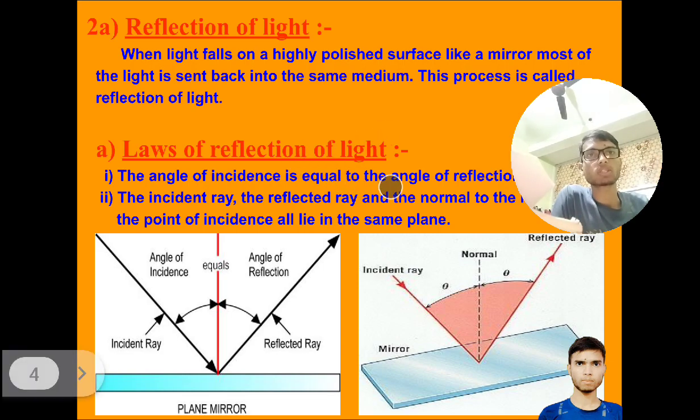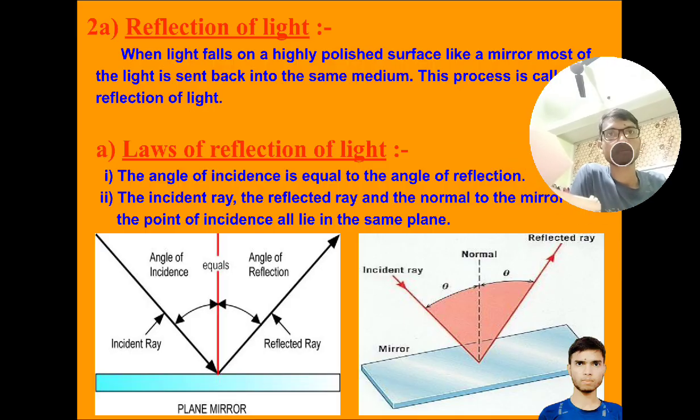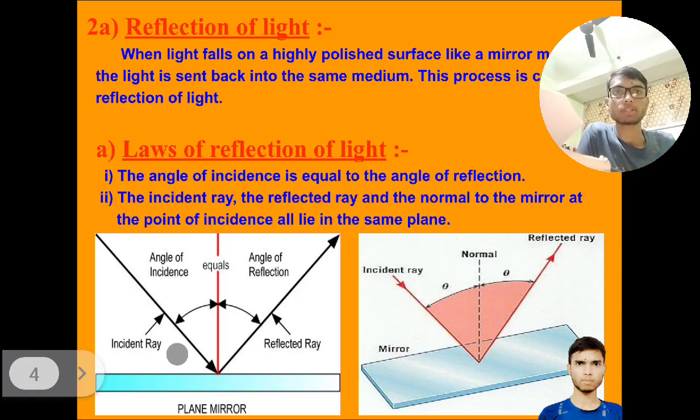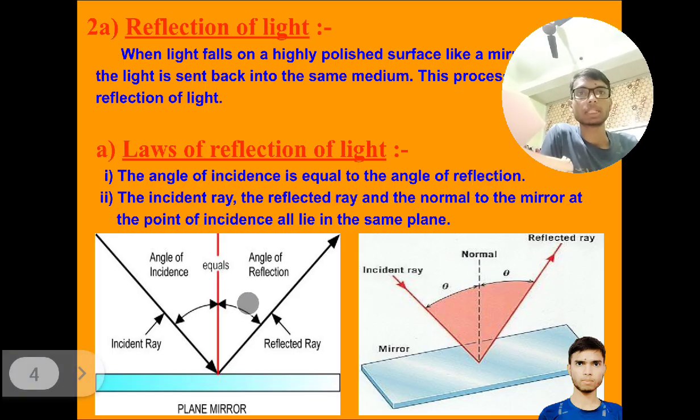Laws of reflection of light. The angle of incidence is equal to the angle of reflection. It is telling you that the angle of incidence will be equal to the angle of reflection, and this will be the perpendicular.